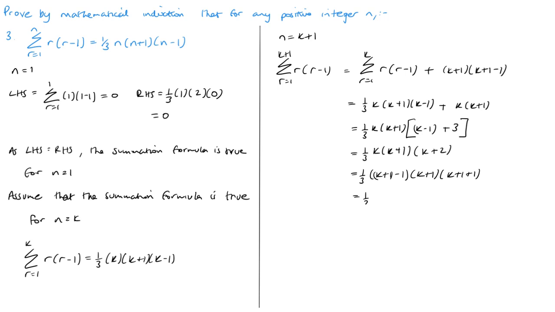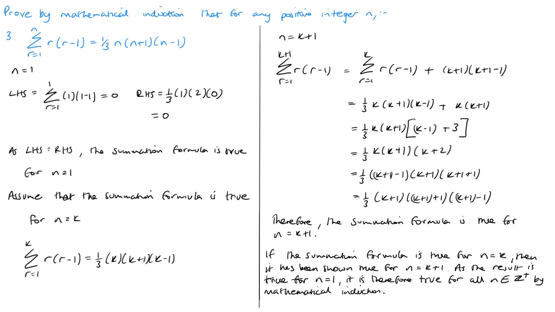If I rewrite them out, so k plus 1 first, k plus 1 plus 1, and k plus 1 minus 1. And now that's in the form of this. Okay, so from here now it's just the summation is true for n equals k plus 1 and my conclusion. And there we have it.